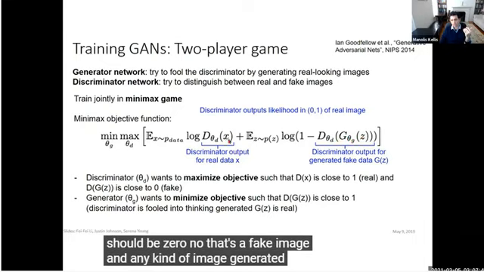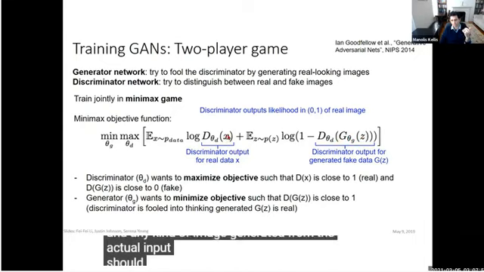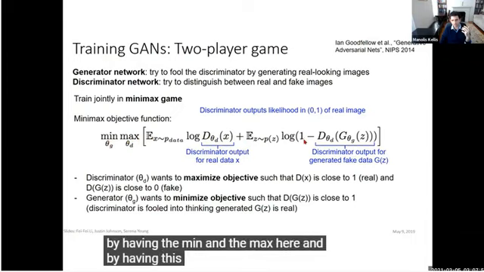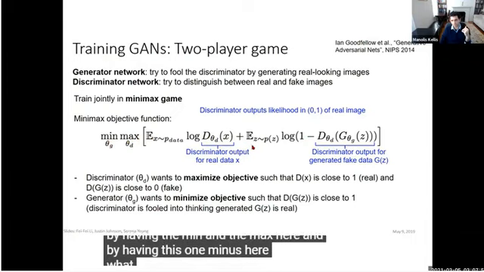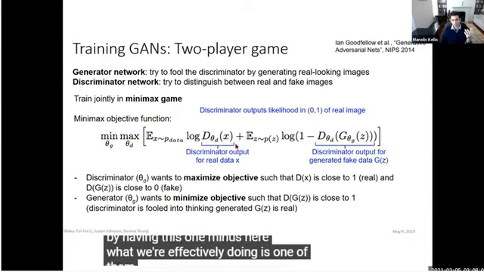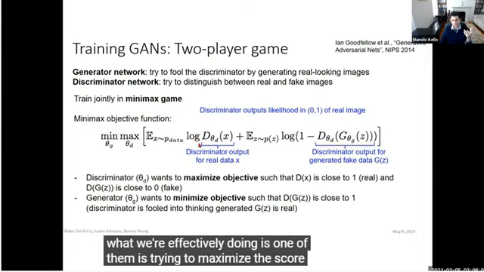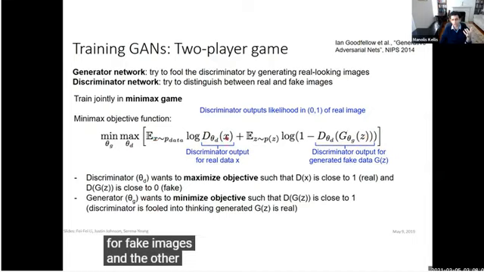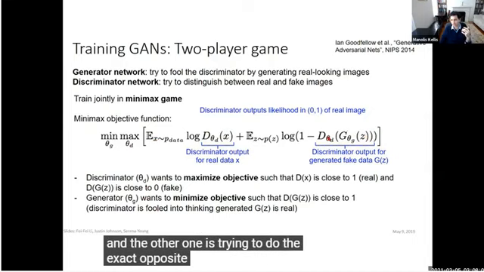And any image from the actual input should be 1. By having the min and the max here, and by having this 1 minus here, one of them is trying to maximize the score for real images and minimize the score for fake images, and the other one is trying to do the exact opposite.